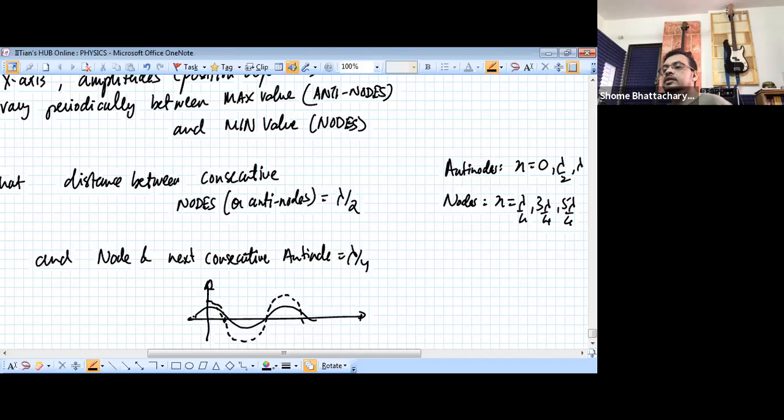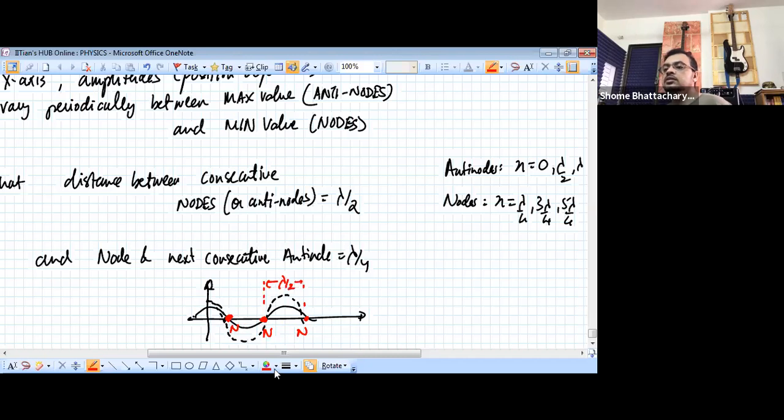So now we can see that these are the positions of the nodes. These are the so-called nodes, so I'll write them as N. The distance between any two consecutive nodes will be lambda by 2.